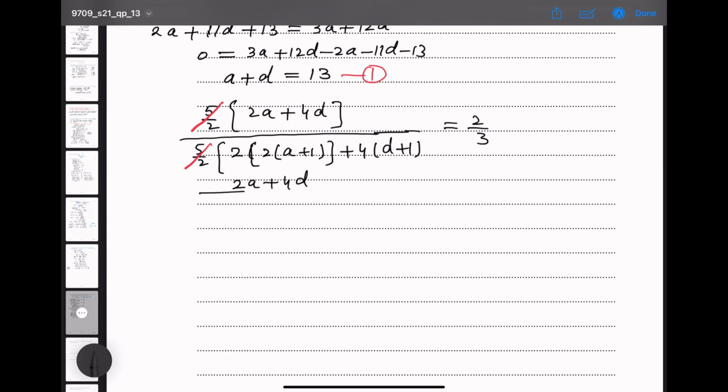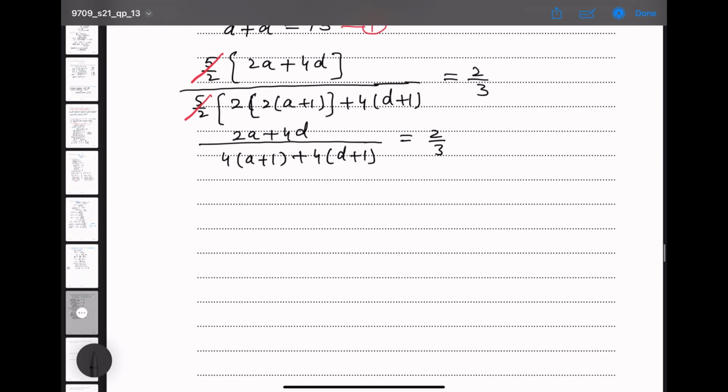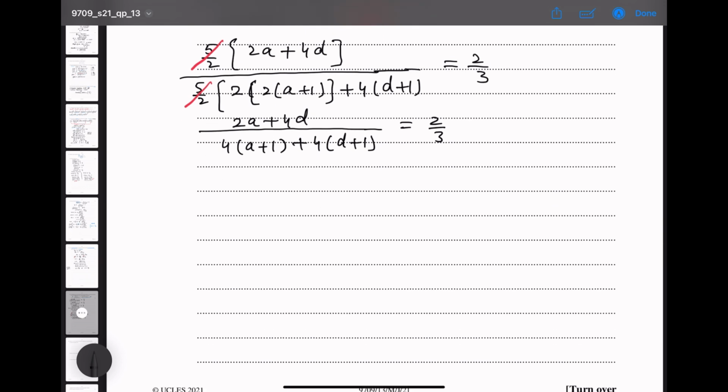In the denominator, we simplify it: that becomes 4 into A plus 1 plus 4 into D plus 1.